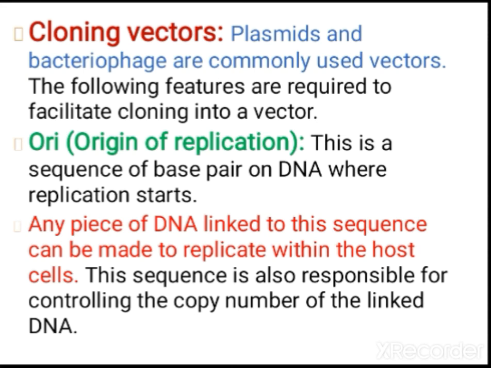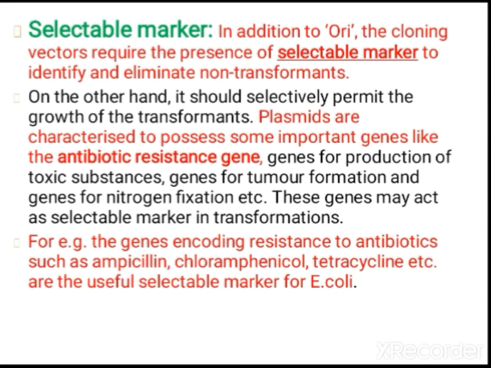Then we are using some marker genes also. If we attach a marker along with the gene, then automatically we can identify whether the gene we attached is present or not. Here we are using a selectable marker.